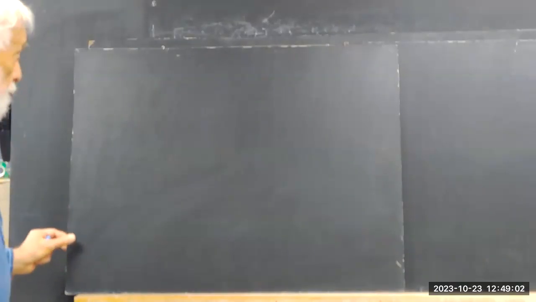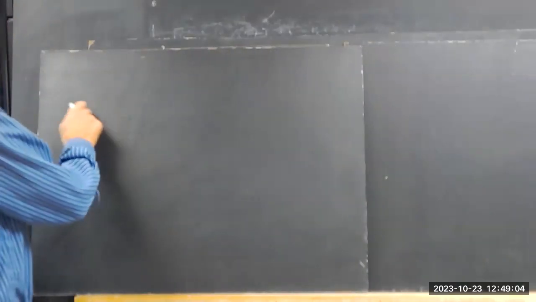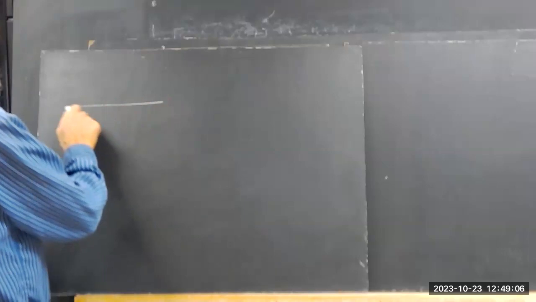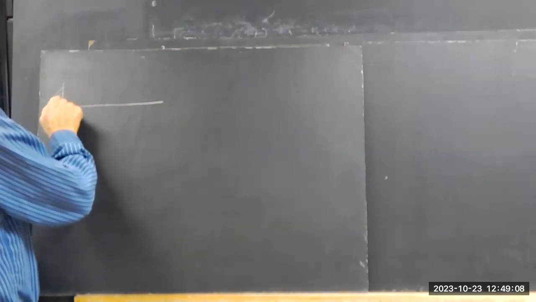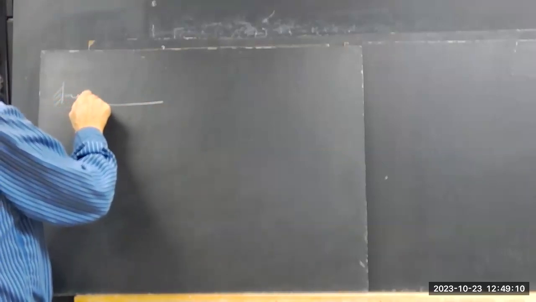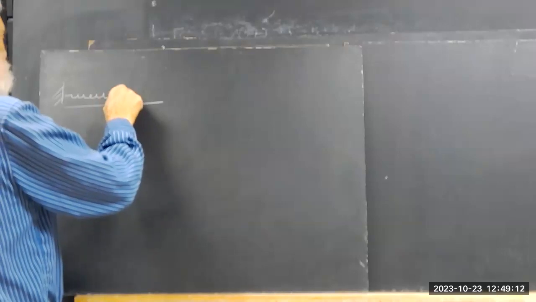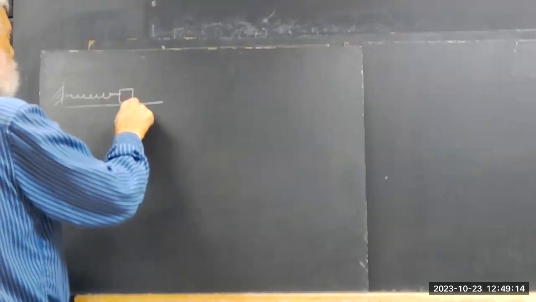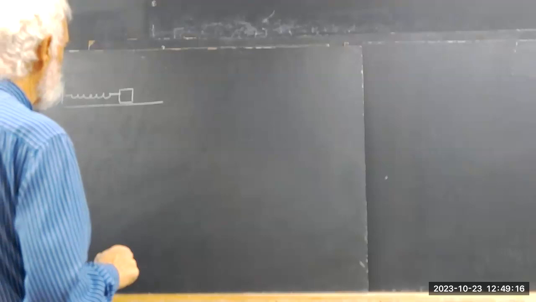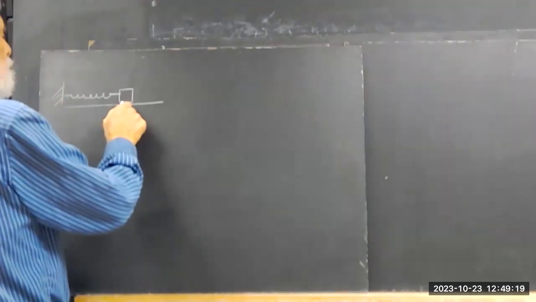Okay, first thing I'm going to do is look at this. If the mass has little wheels on it, maybe, or the surface is completely frictionless, but where we have negligible friction. Okay.